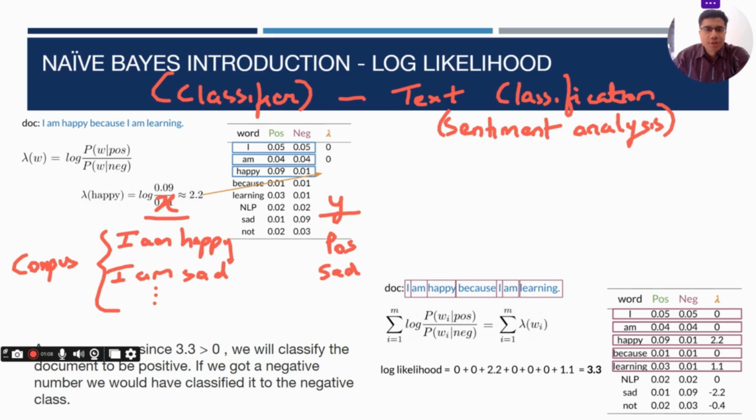From this corpus of text, we use this as the training data, and then I have got this sentence, I am happy because I am learning, and I would like to classify or predict this sentence as either positive or negative. Once I have trained my technique, how will I predict whether this sentence is positive?